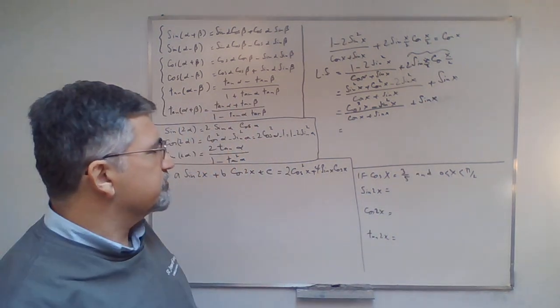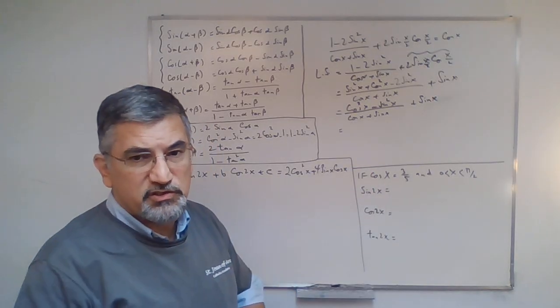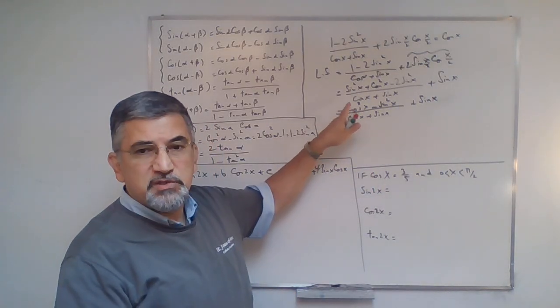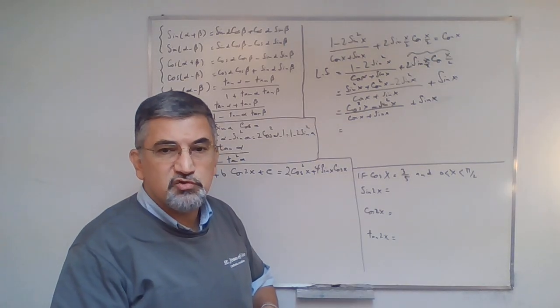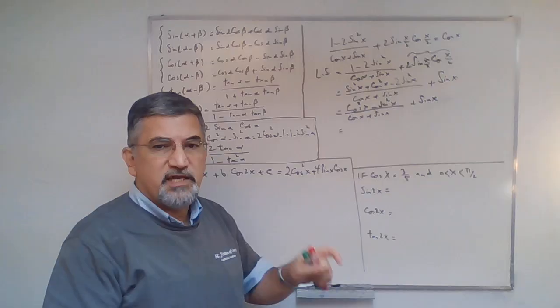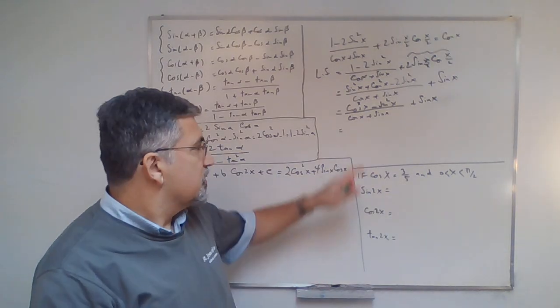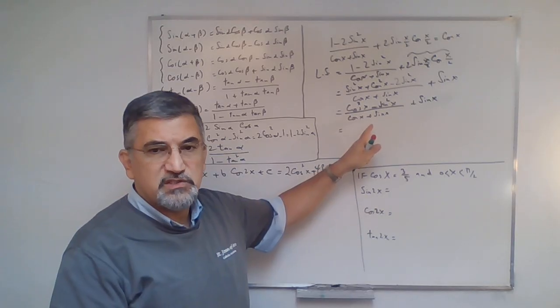So in the numerator, we can factor the expression actually, because this reminds me of the famous identity in algebra. It was called difference of squares. I don't know if you remember it or not. a squared minus b squared was equal to a minus b times a plus b. So here what plays the role of a is cos x, and what plays the role of b is actually sine x.